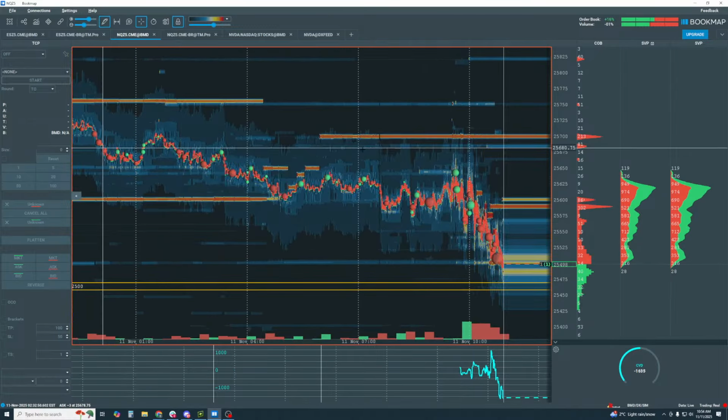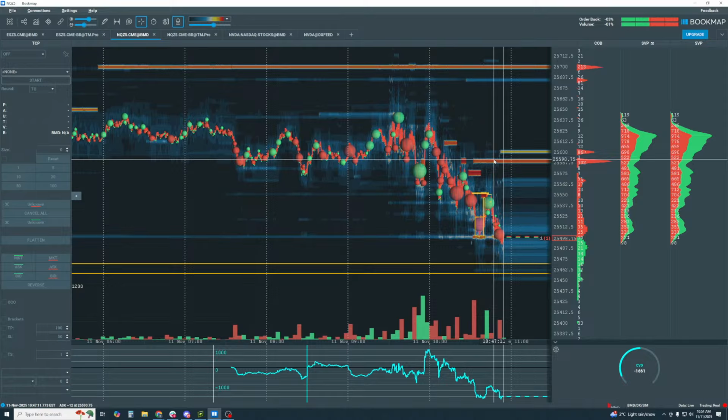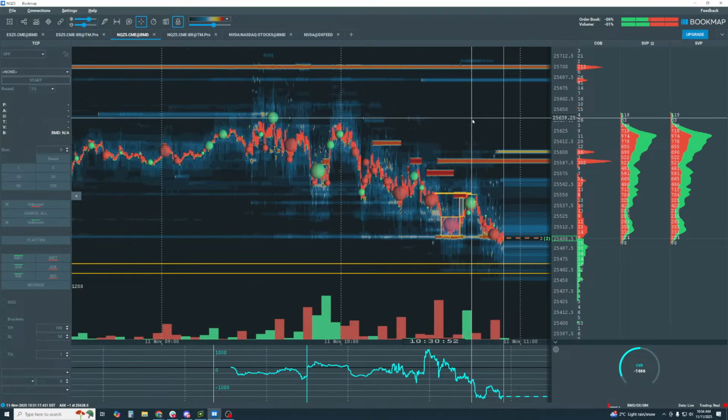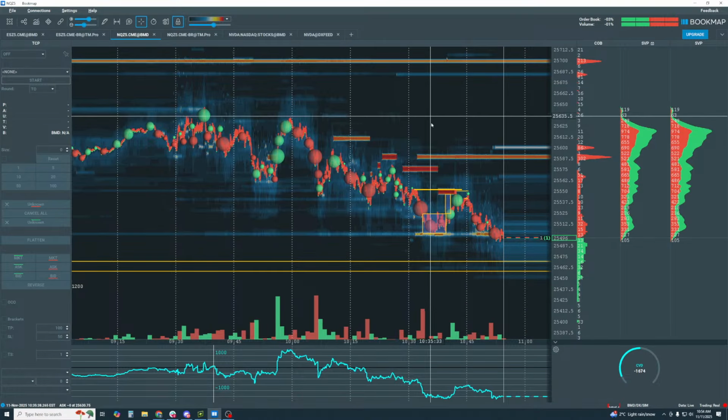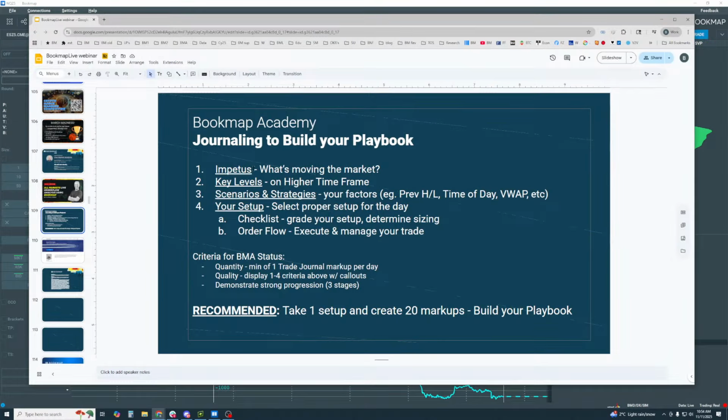Okay, makes sense, guys. So that's putting the pieces all together in this NASDAQ move. Okay, so that's going back in here and looking at what's moving the market with your impetus, understanding your key levels, now coming up with scenarios and strategies, and then our setup.